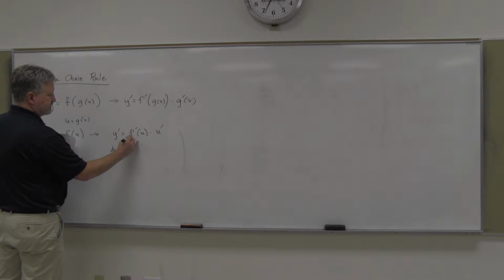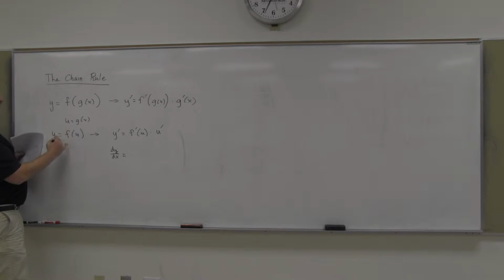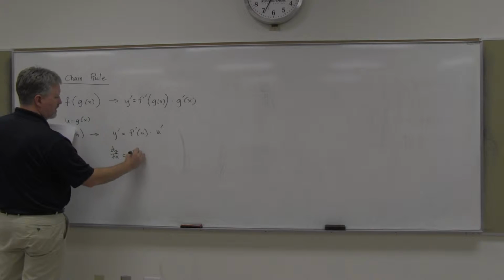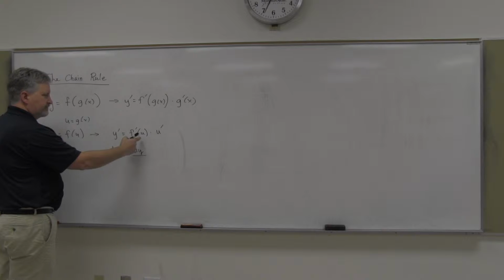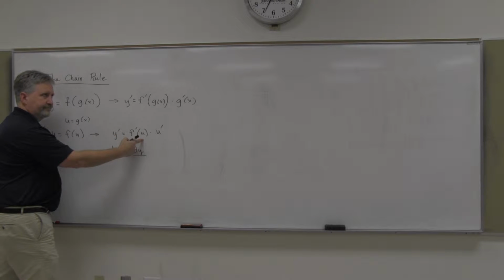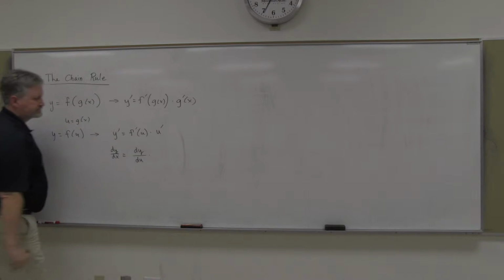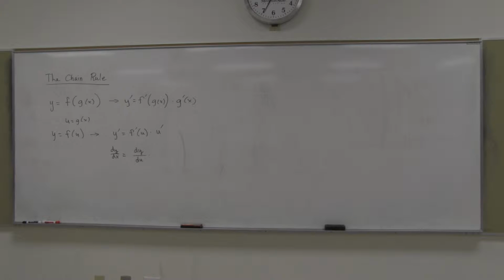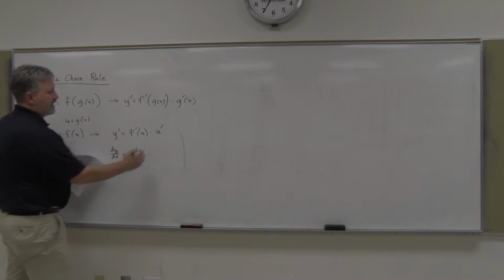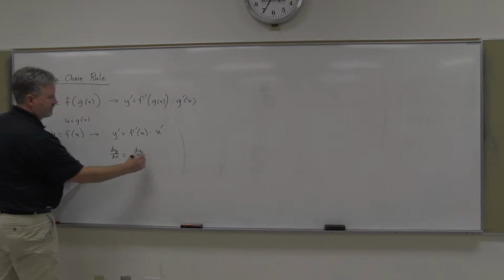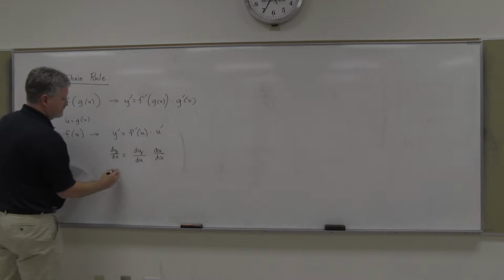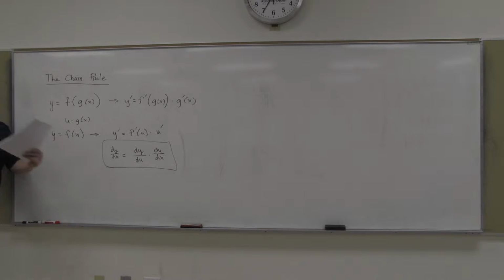Since y is equal to f of u, f prime is dy with respect to u, the derivative of y with respect to u. And then u is in terms of x, so that's just du over dx. So this is more what we're looking at, notation-wise, for the chain rule.